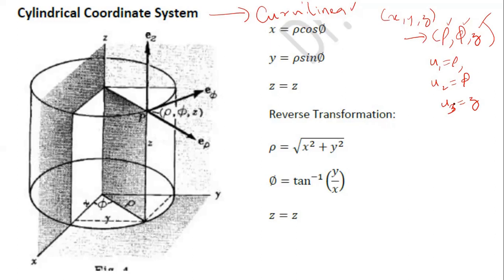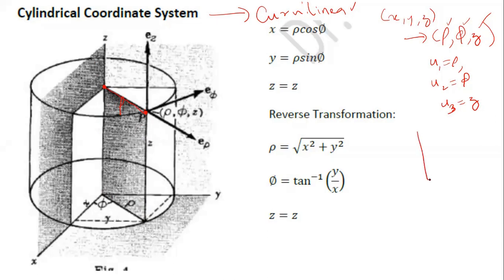Okay, so let us see. What is rho? In a cylindrical coordinate system, rho is the distance of the surface of the cylinder from the z-axis. See, this is the z-axis, and rho is the distance from this to this. So rho is the distance of the surface of the cylinder from the z-axis.